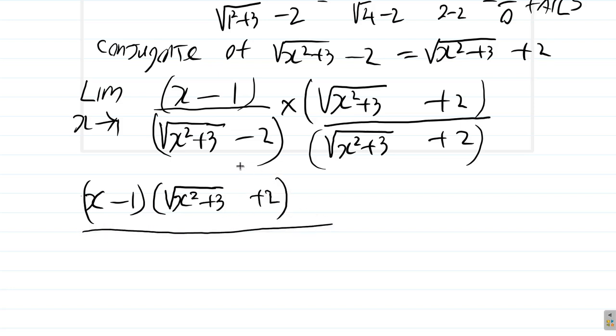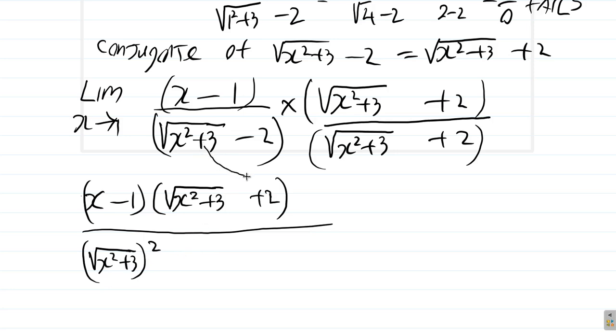divided by, let's multiply this out, the square root of x squared plus 3 times the square root of x squared plus 3 is going to be the square root of x squared plus 3, squared. Alright, multiply itself.